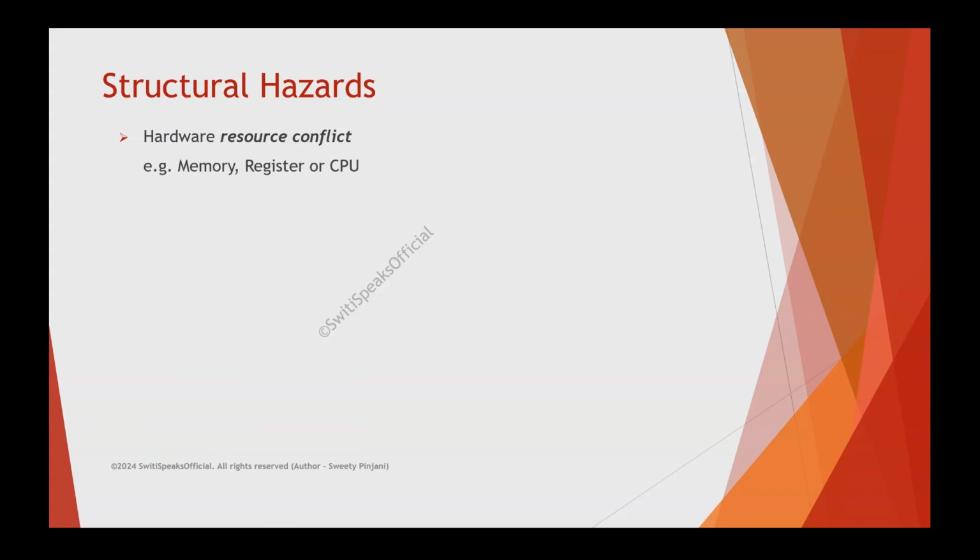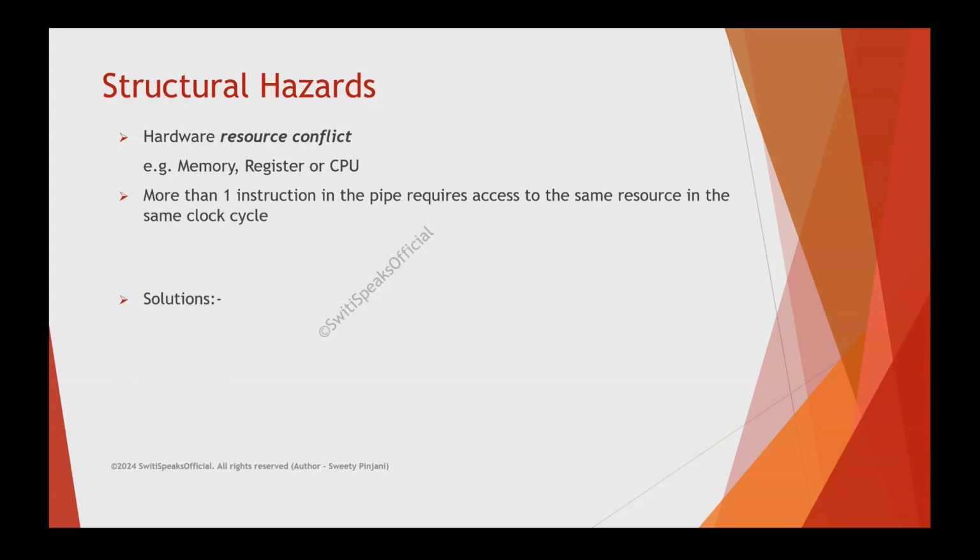It can be memory, it can be register, it can be CPU. Structural hazard occurs when more than one instruction in your pipeline requires access to the same resource in the same clock cycle. Say there are two consecutive instructions which require access to the memory in the same clock cycle. Then you get a structural hazard.